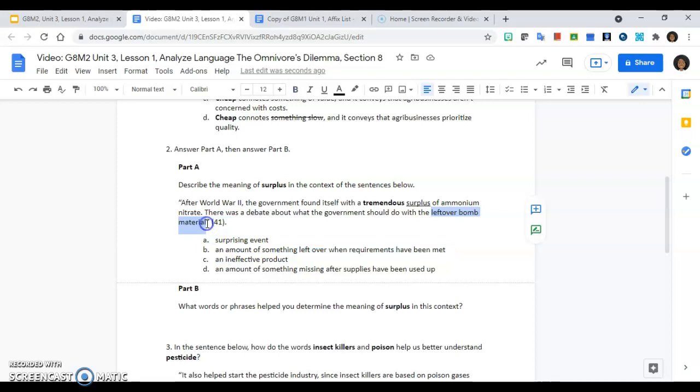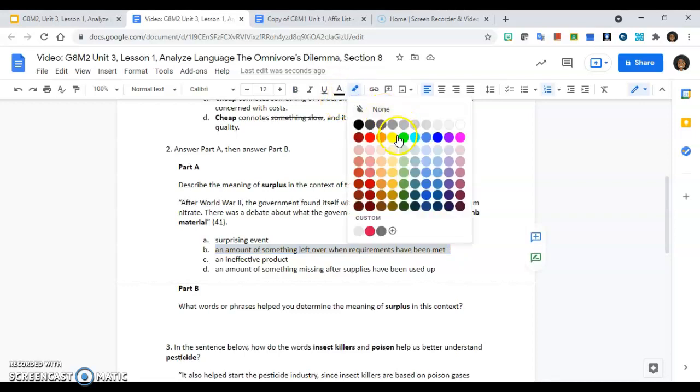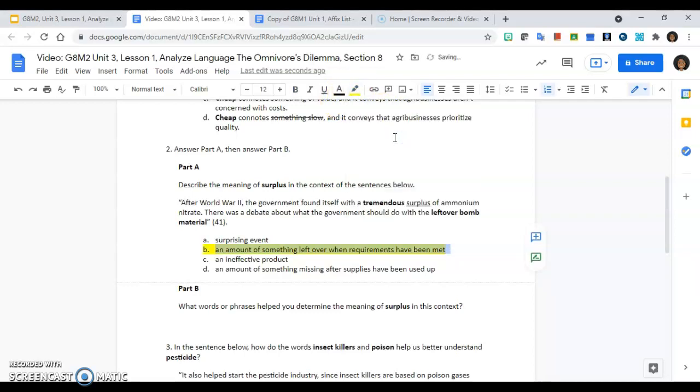And so leftovers, just like leftovers after you're done eating, right? It's what's after you've finished the main part. So after the war, they have all of this bomb material and it's just there. So from that, I can use my context clues to tell me that B is the correct answer, guys.